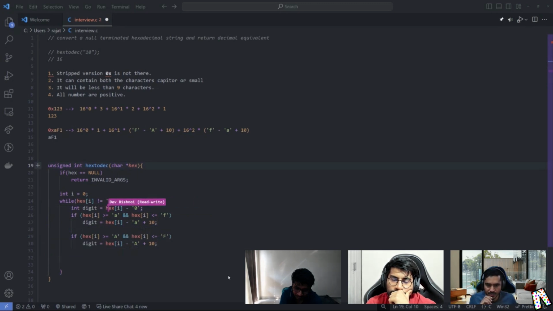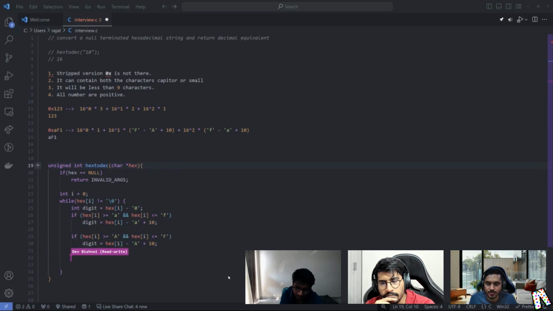If it is 1, then that subtraction would be 1, because this is an ASCII value and this is again being converted to ASCII. So the ASCII difference would come out to be a digit from 0 to 9. If that's not the case, then I am running into one of these conditions. If not, I am assuming that these are the given inputs. Otherwise, I would have written some error handling. But let's assume that's the case.